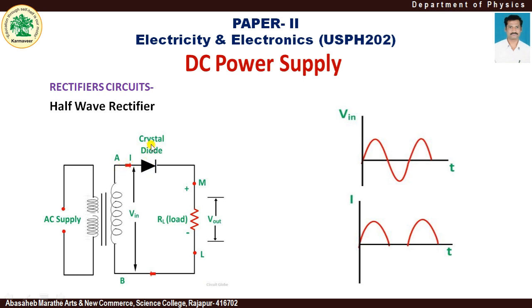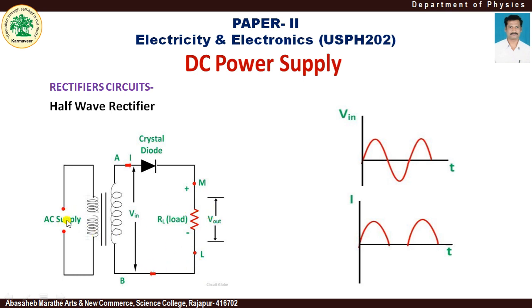Here the crystal diode is shown. This terminal is called the anode, whereas this terminal is known as the cathode. The circuit is completed using the load resistance across which we take the output voltage, so between points M and L we will measure the output voltage.